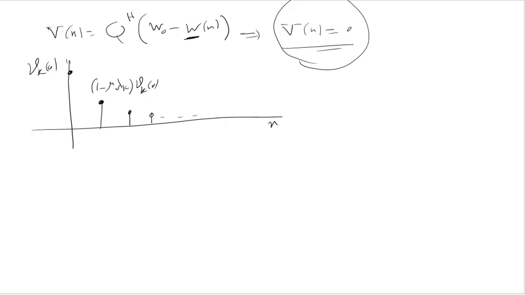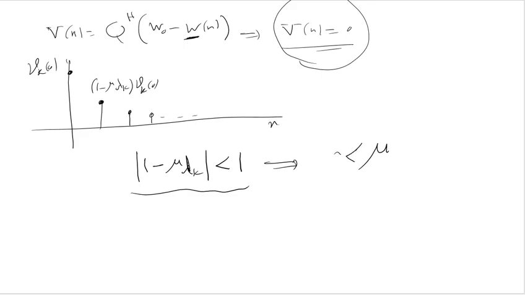And this is a geometric series, so the geometric ratio, the absolute value of 1 minus mu lambda k, must be lower than 1. If we solve this, we will have the learning rate or step size between 0 and 2 over lambda k.